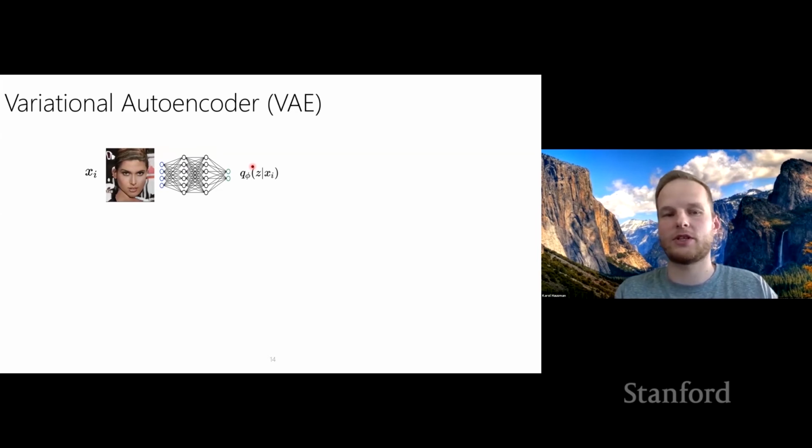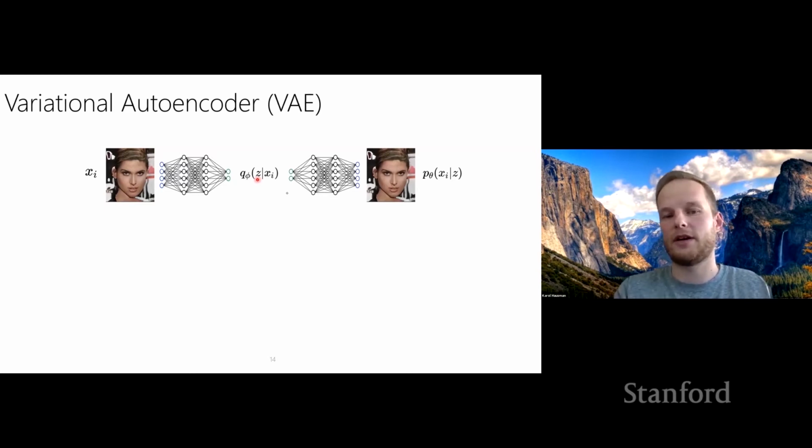In other words, this is encoding the image into some kind of latent code z. We can also call it the encoder. Then we have the second part of that equation, which takes that latent code, samples from that distribution, and produces the image. So this is now p theta of xi given z. This is trying to decode that latent code back into the image. And so this is the variational autoencoder, where we first encode the image and then decode it.